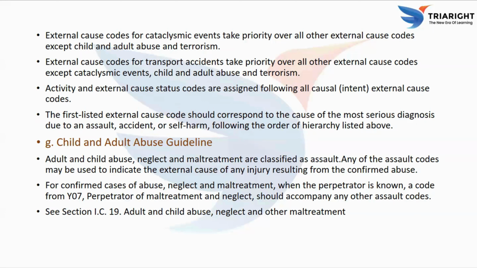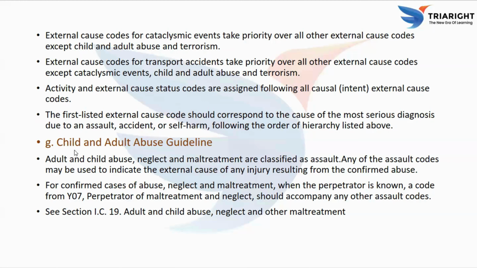This is why they never take priority and are assigned last. The fourth one is that the first listed external cause code is a key principle. The first listed external cause code should correspond to the cause of the most serious diagnosis. They follow the priority hierarchy and reflect whether the injury was due to assault, accident or self-harm.